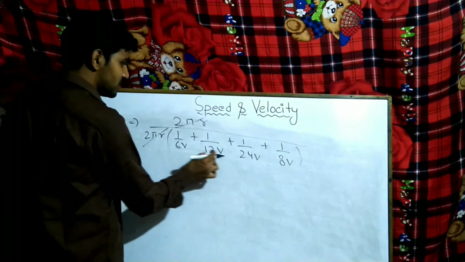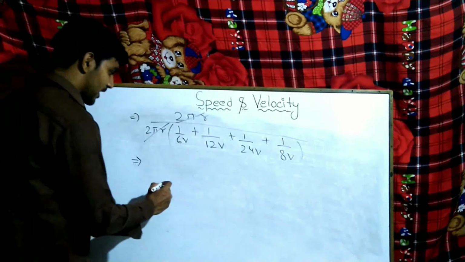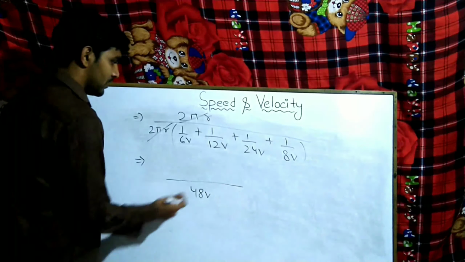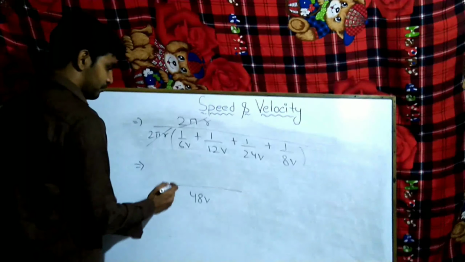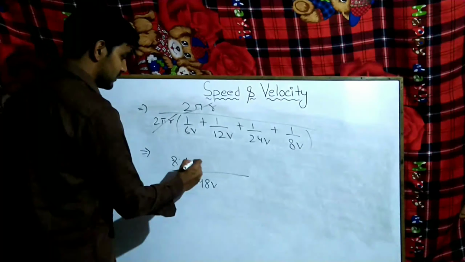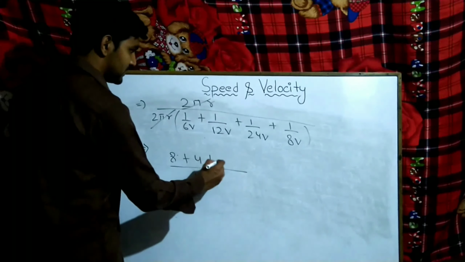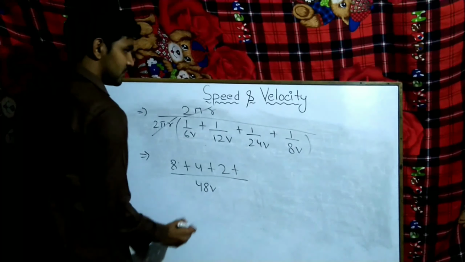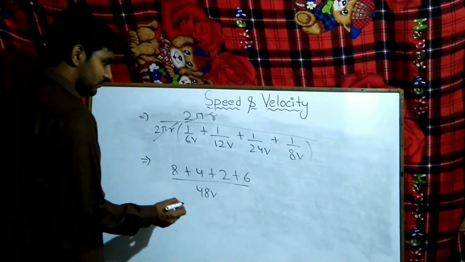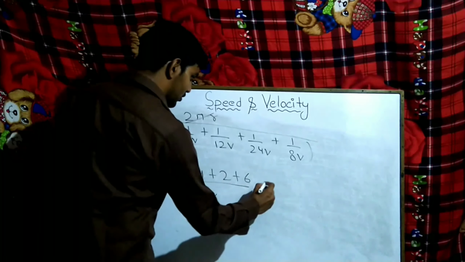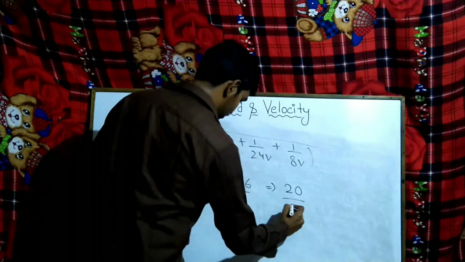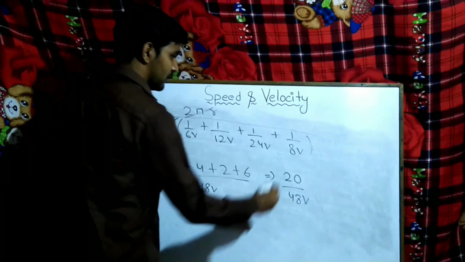What is the LCM of 6, 12, 24, 8? You get 48. 48v. Now do 48v, how many times? 8 times. So 8 plus 4 plus 2 plus you get how much? 6. Okay. Now, total how much you get? 8 plus 4 plus 2 plus 6, you get 20 by 48v divided by 1.